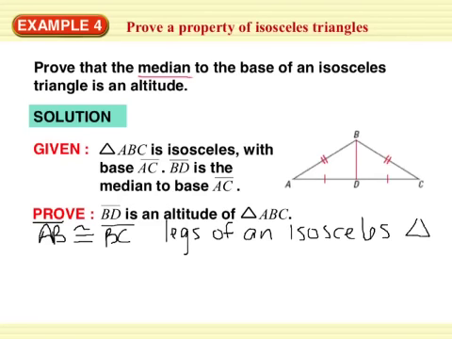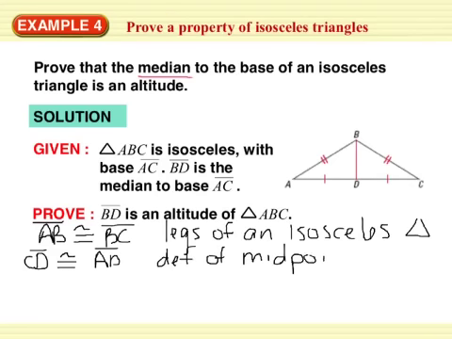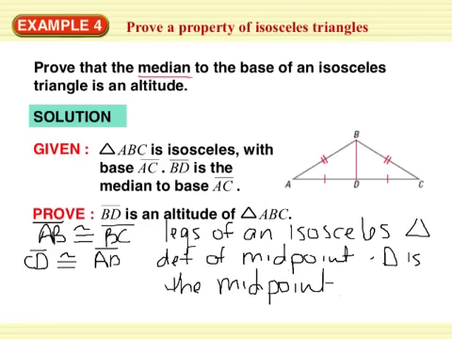We also know that CD is congruent to AD because it's the definition of midpoint, and D is the midpoint. And we also know that BD is congruent to BD. It's reflexive. So I can put 3 tick marks there.